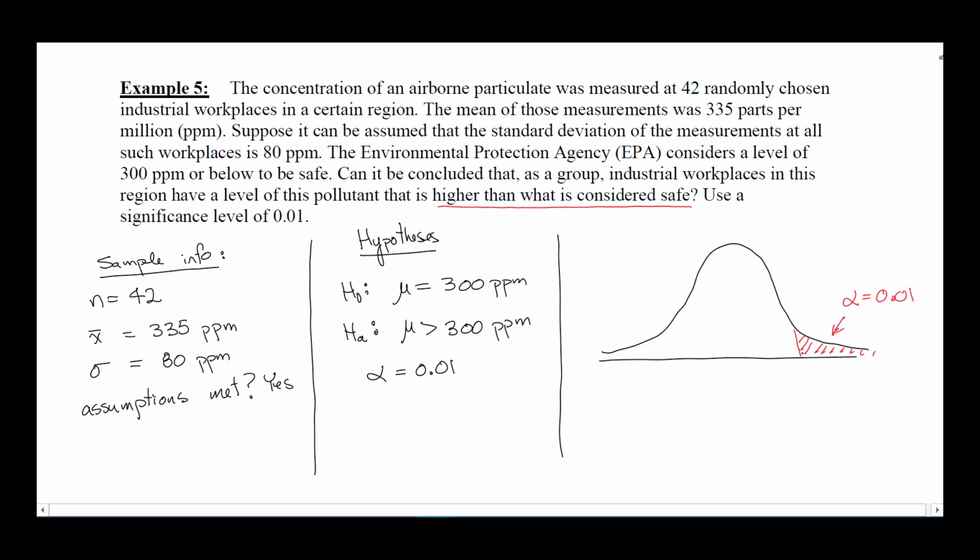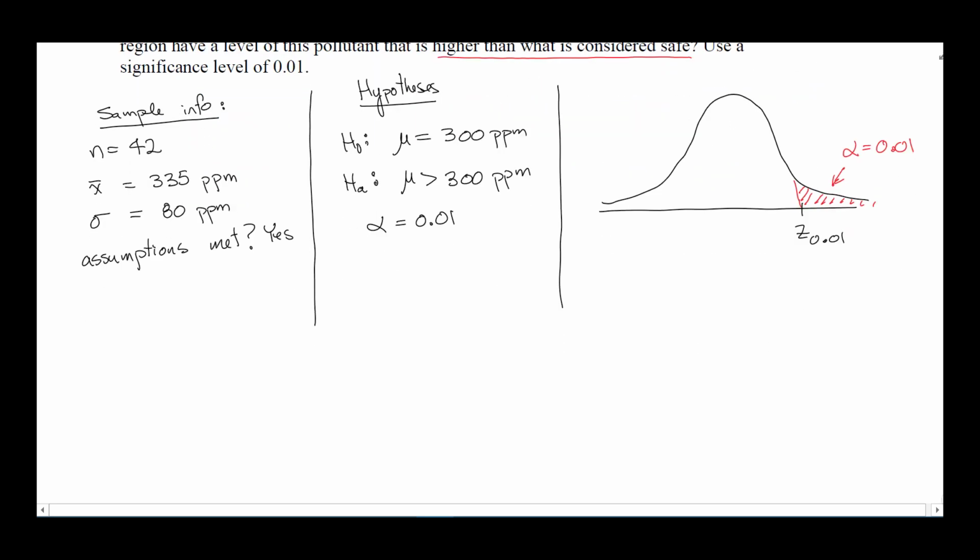And now we look at our critical value. So our critical value is going to be Z 0.01. Okay, and so that's that. So now we need to go find our critical value.